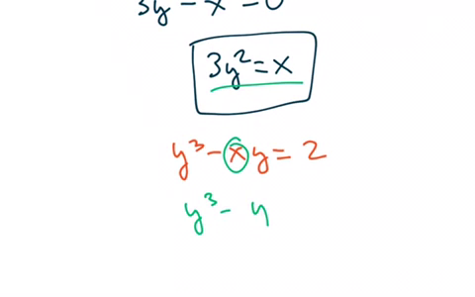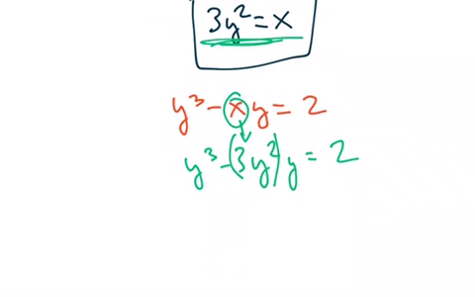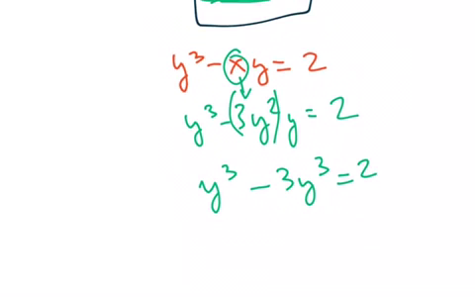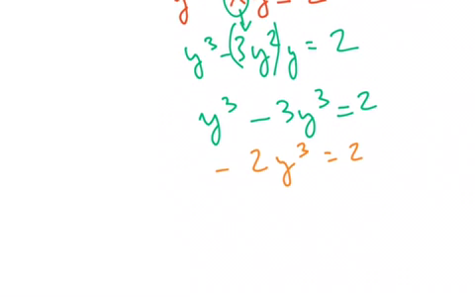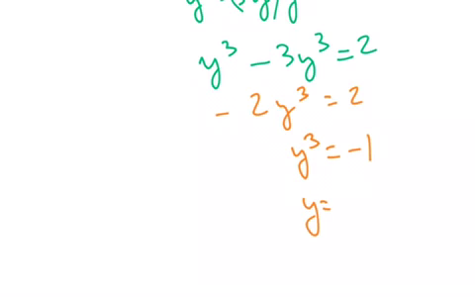So y cubed minus 3y squared times y equals 2. I'm just replacing this x with what it's equal to. So this gives me y cubed minus 3y cubed equals 2, which leads to negative 2y cubed equals 2. So y cubed is negative 1, or y is simply negative 1.